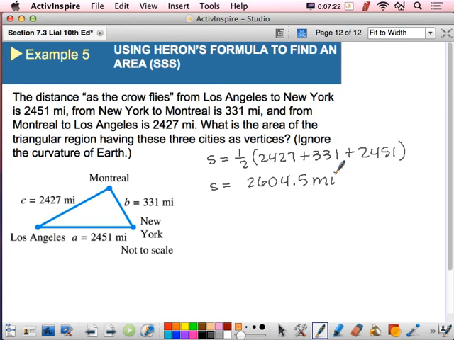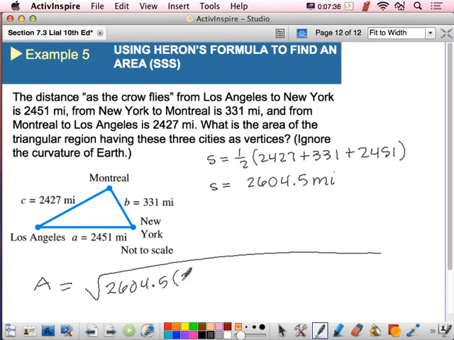Now you have to substitute into the area formula that says area will always equal the square root of the semi-perimeter times the semi-perimeter minus one side times the semi-perimeter minus another side times the semi-perimeter minus the third side.